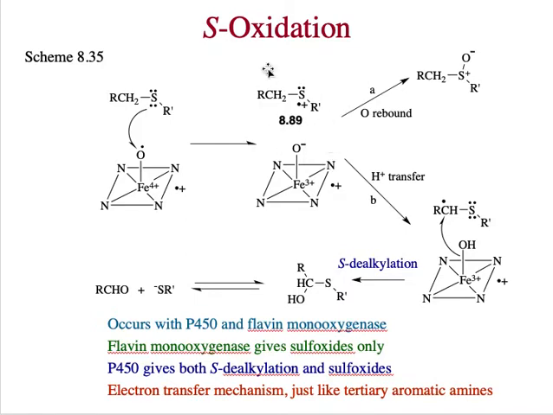We have a CH2 bond homolysis to transfer a proton back, and that is this H+ transfer. These happen with flavins as well. The flavins are only going to give the sulfoxides. Again, the flavins are always the more selective. P450 does both, and you still get this electron transfer mechanism.